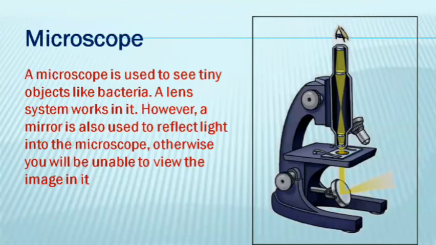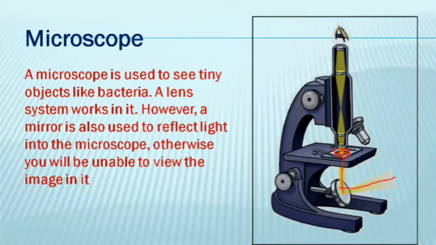Now you'll see another way of using reflection, that is a microscope. Here is a plane mirror, which is used to reflect the light coming here, striking the specimen placed here.